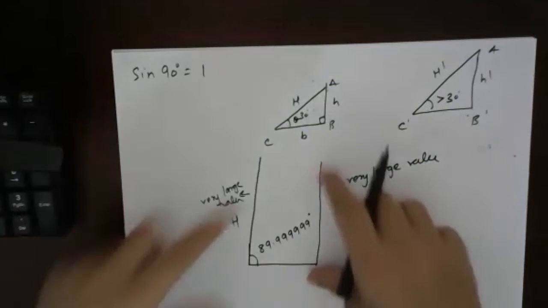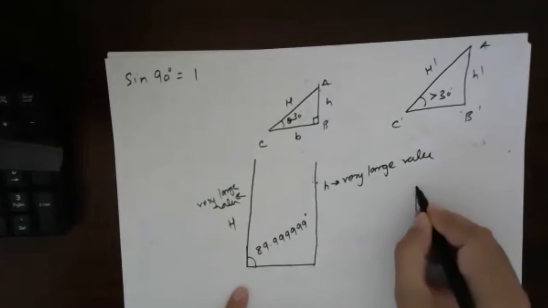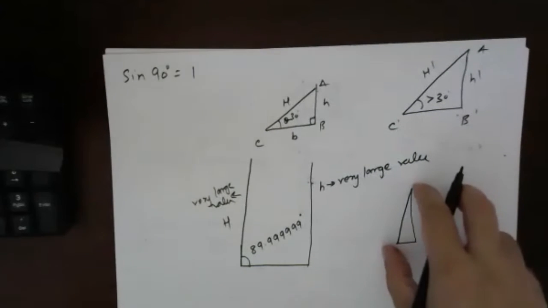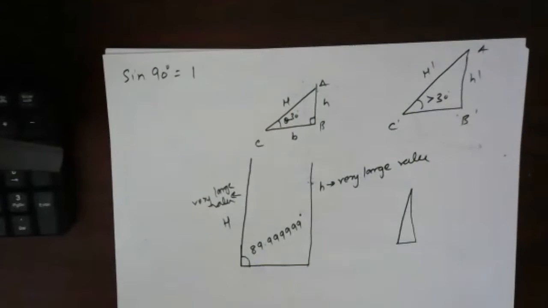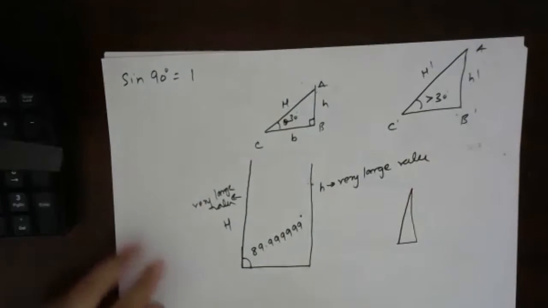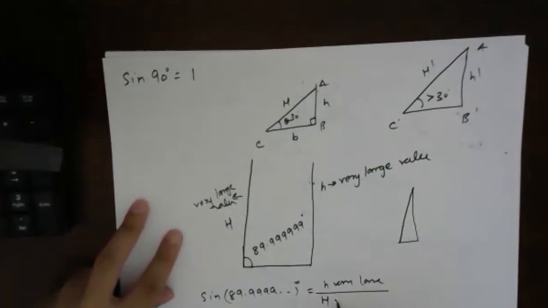But we can see that if the triangle becomes something like this, so suppose this is the triangle, this part and this part are approximately equal. These are very large values, but they are approximately equal. So when we are writing sine of 89.9999 and so on degrees, H is very large, and capital S is also very large.